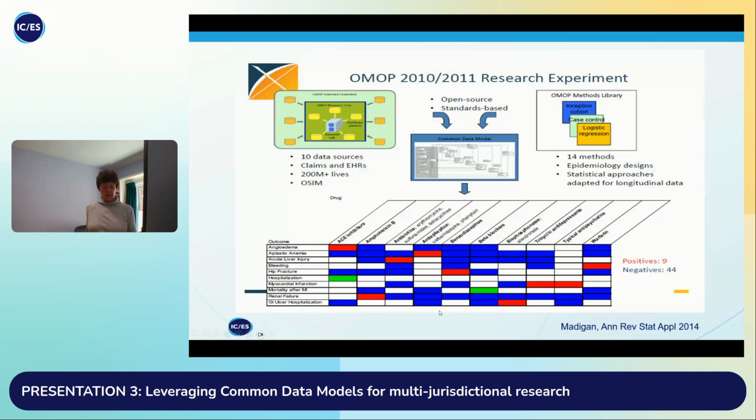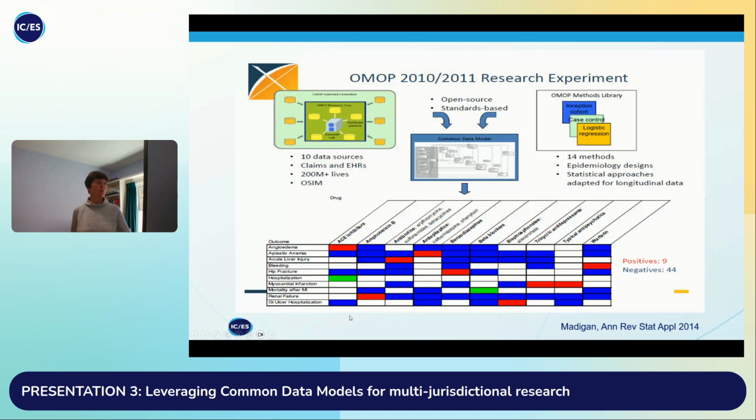ACE inhibitors are associated with angioedema, so it's red. ACE inhibitors, however, are not known to be associated with anemia, hip fracture, or GI bleed. So they looked at 14 different treatments and numerous different outcomes.